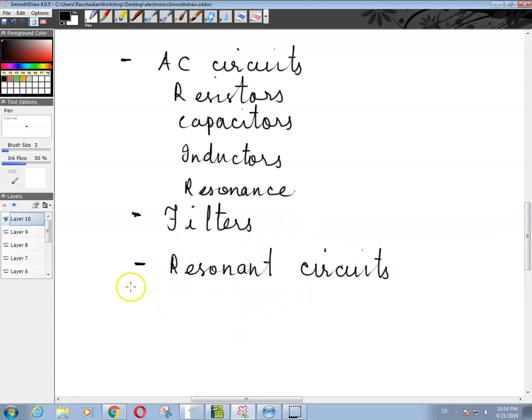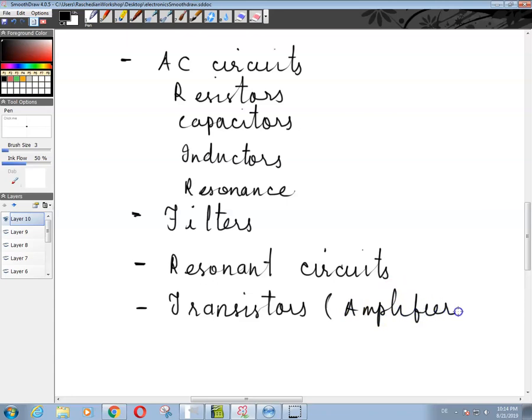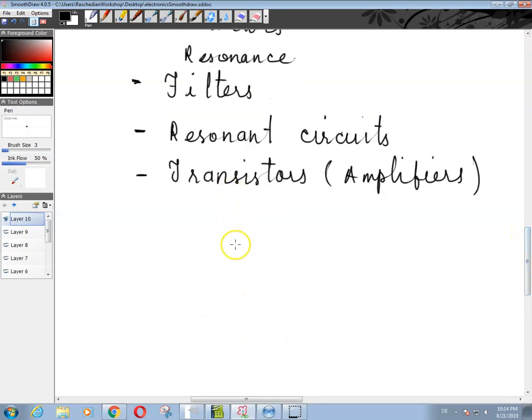Then we have another chapter about transistors used as amplifiers, and here you learn how to work with transistors, how to bias them, and different basic useful circuits with transistors, using the JFET transistor, and about operational amplifiers or op-amps and things like that.